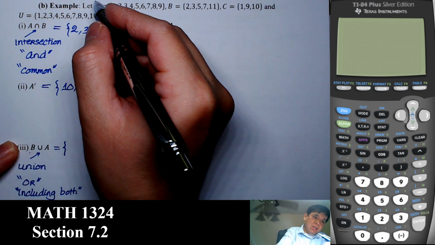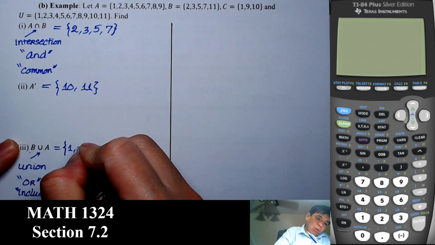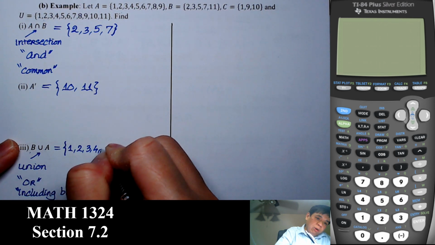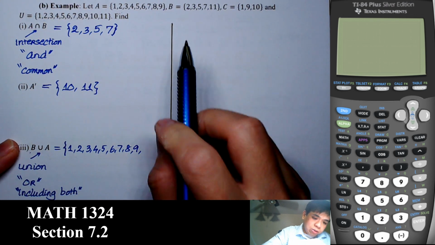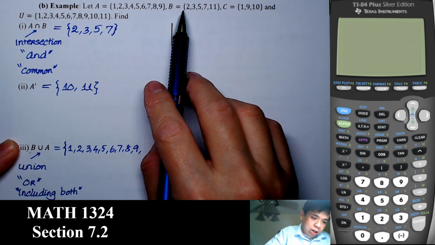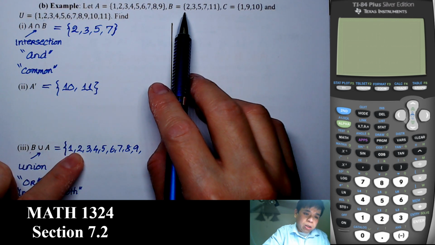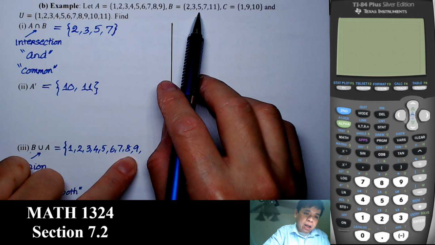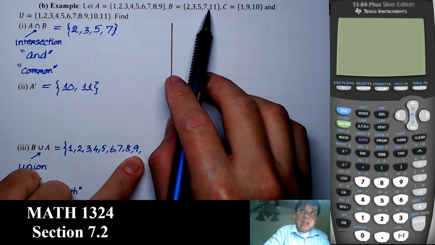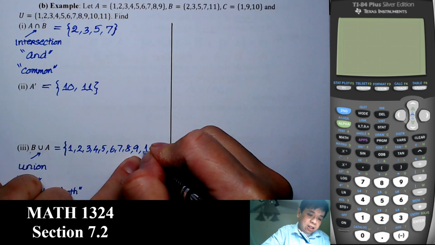So in that case I will list everything that is in A. 1, 2, 3, 4, 5, 6, 7, 8, 9. And then I look. Okay, in B we have 2 already. That's good. Have 3 already. 5, 7. And then we have 11. That is in B. That's not listed yet.